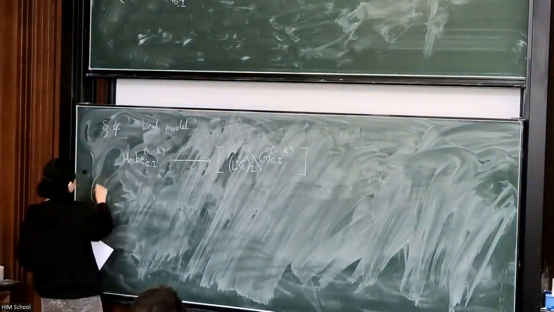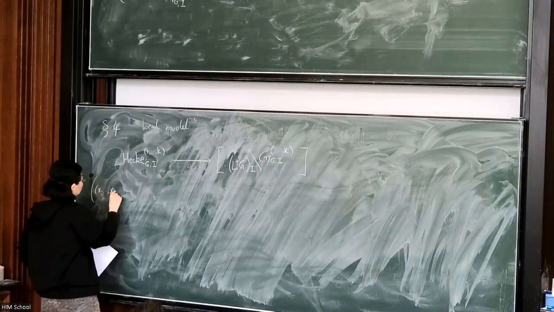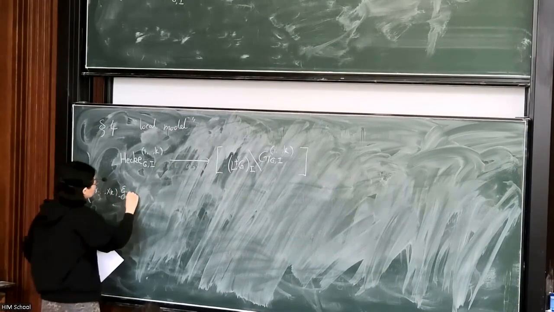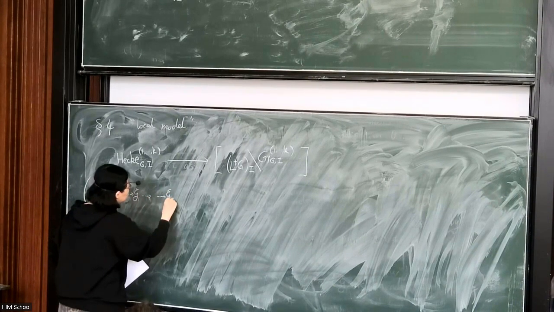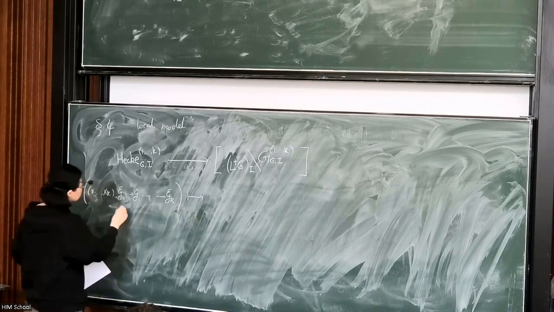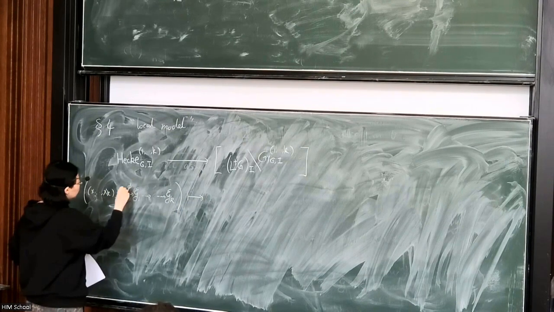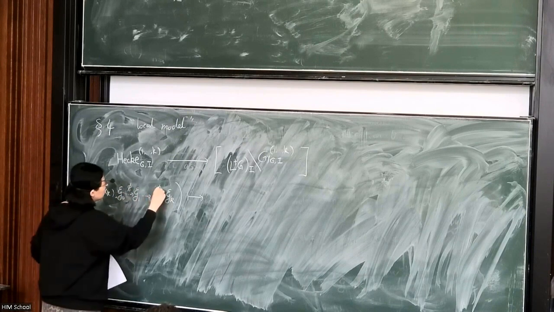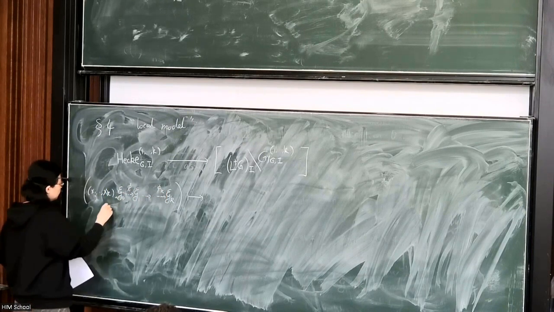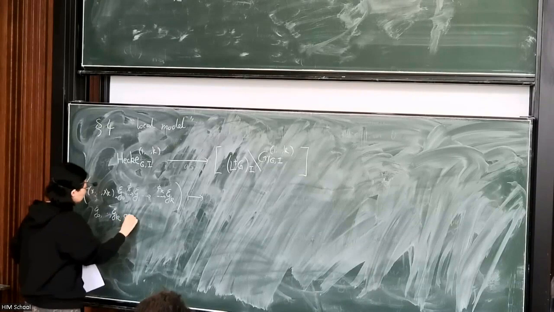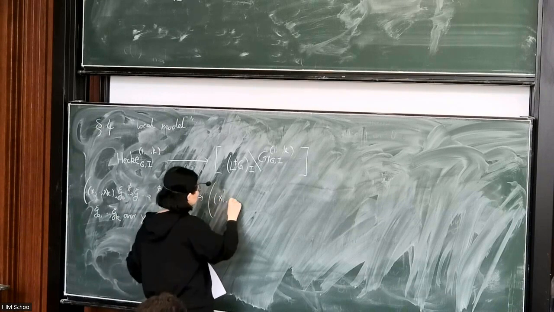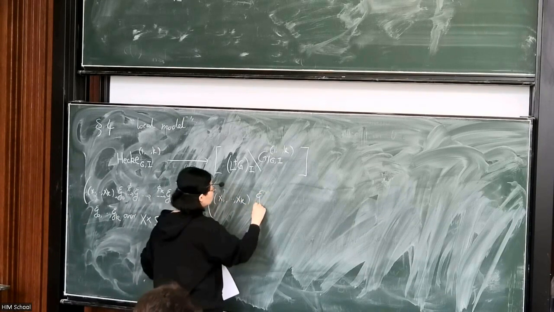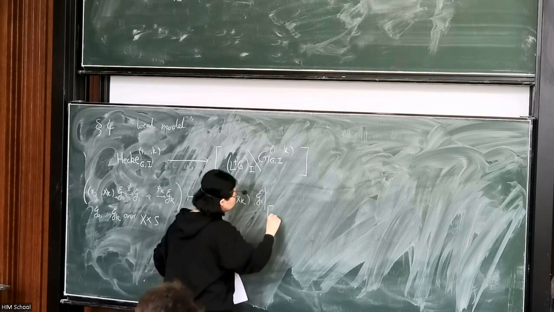The map. So these are G-torsors over X times S. I send this to the restriction to the formal completion of all the graphs.